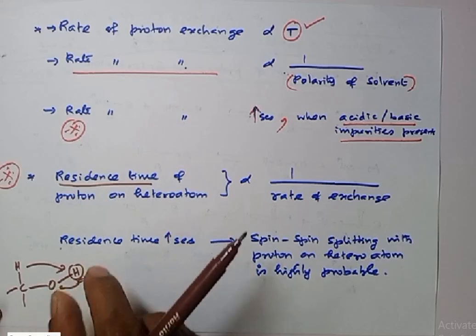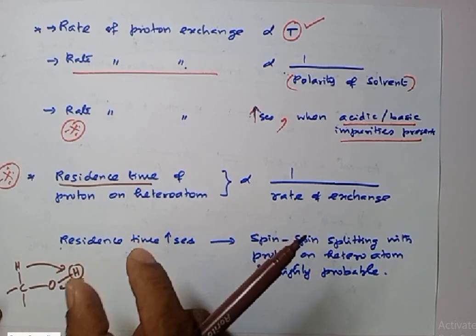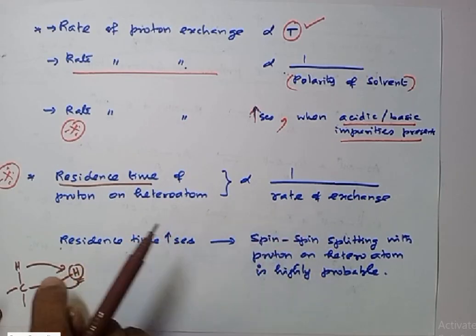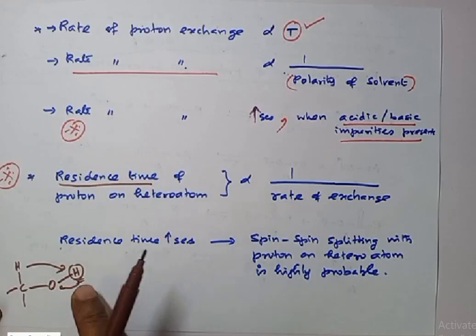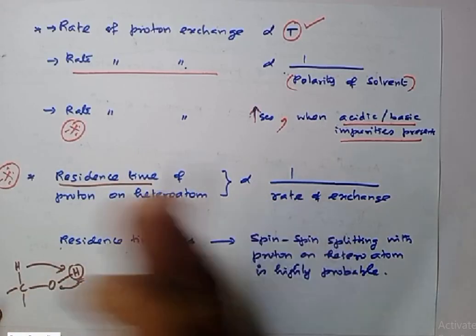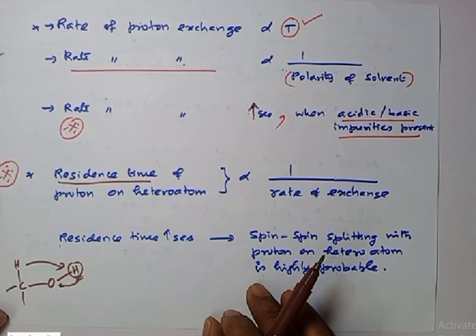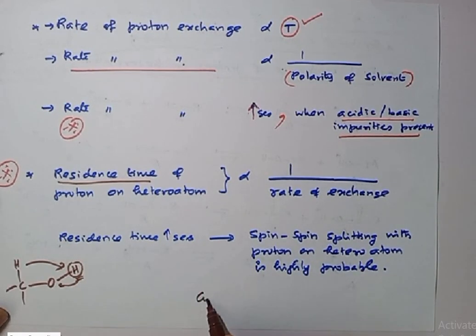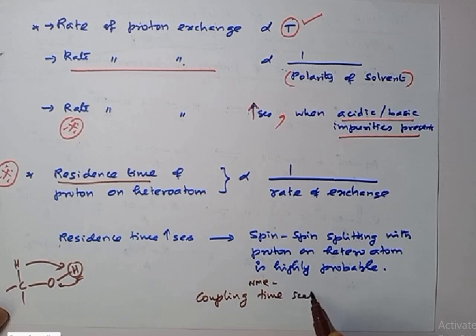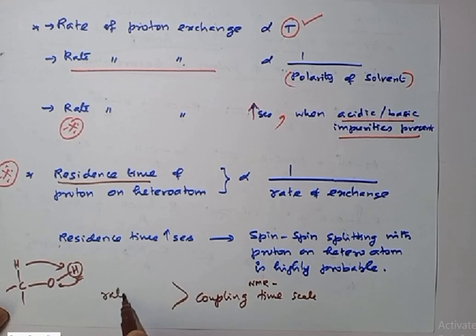Therefore, within the NMR time scale, the coupling should occur. But this rate of exchange is very fast compared to the NMR coupling time scale. The NMR coupling time scale is very small compared to the rate of exchange.